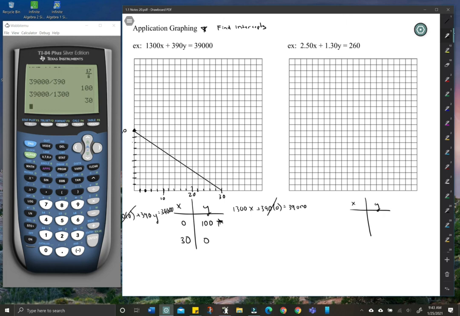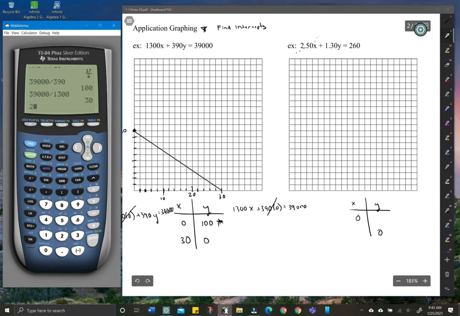So 0 in for x. You can almost imagine just we're going to be dividing 260 by 1.3. So it's 200. And 0 in for y, we can imagine 260 divided by 2.5. And we get 104. So that's a little funky there.